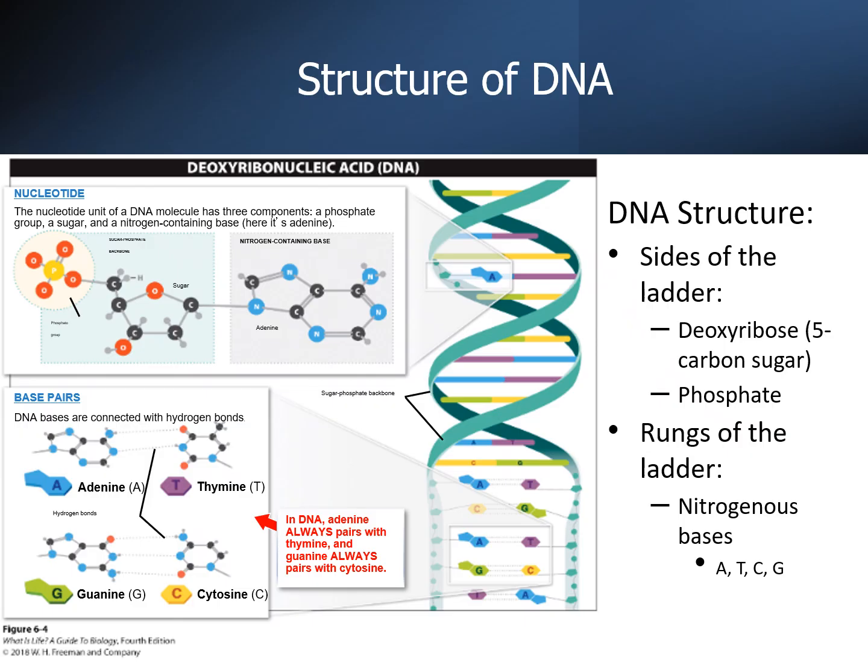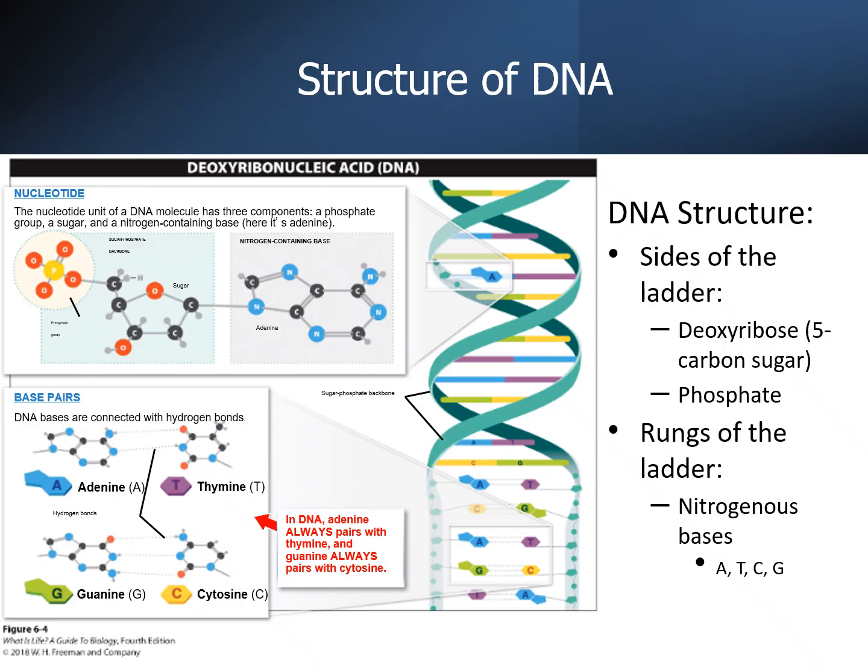When we look at the structure of DNA, that is going to be composed of three important parts. So if we were to look at DNA, the structure of it, it looks like a ladder that's been twisted. So if we first look at the sides of the ladder, that is going to be composed of alternating deoxyribose, which is a 5-carbon sugar, alternating with phosphate.